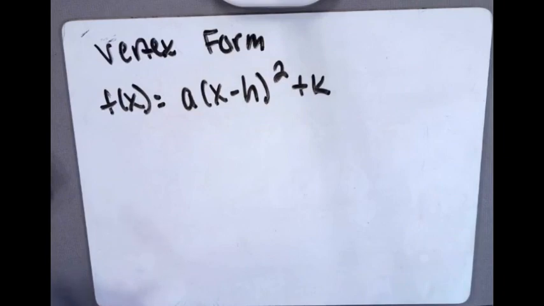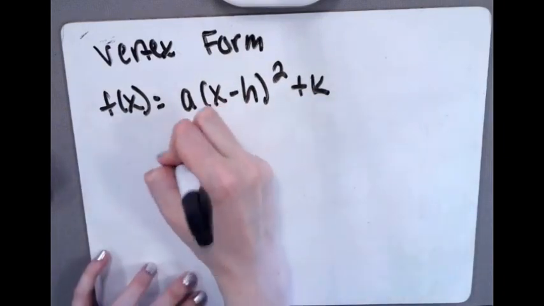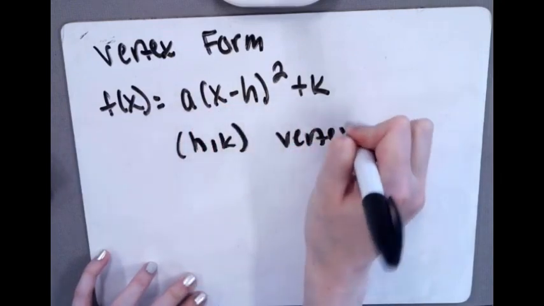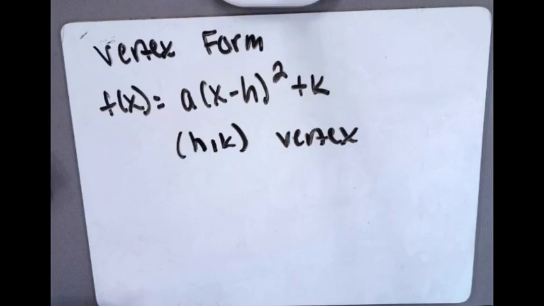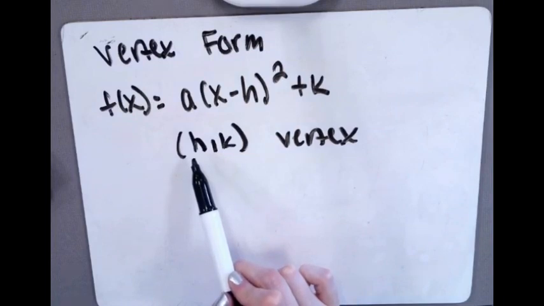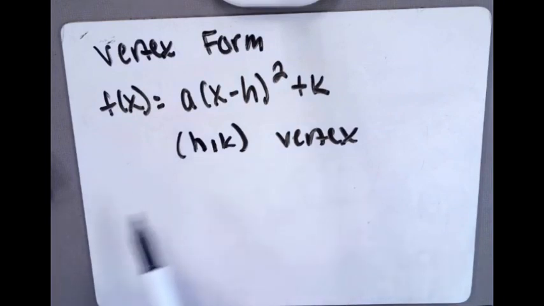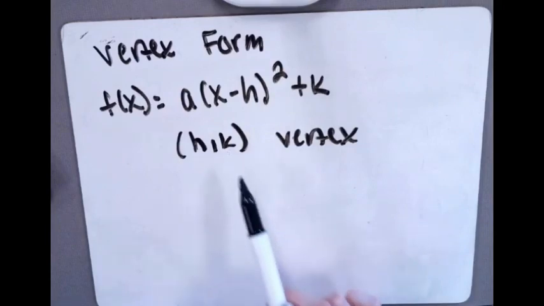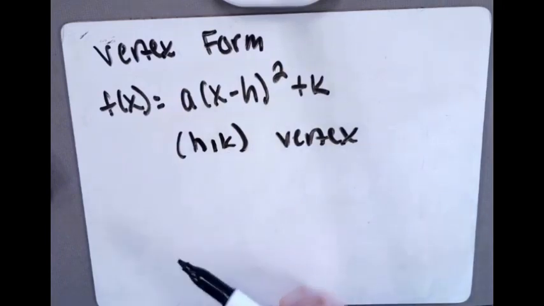In vertex form, we can easily see the vertex. So those numbers h and k are the coordinates of the vertex. The h is the x-coordinate of the vertex, how far left or right the vertex is. And the k is the y-coordinate of the vertex, how far up or down the vertex is.